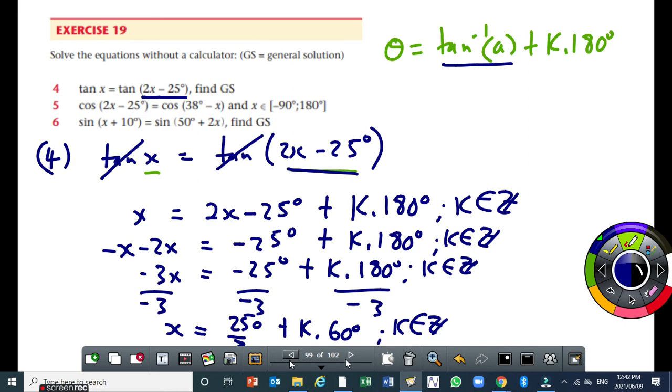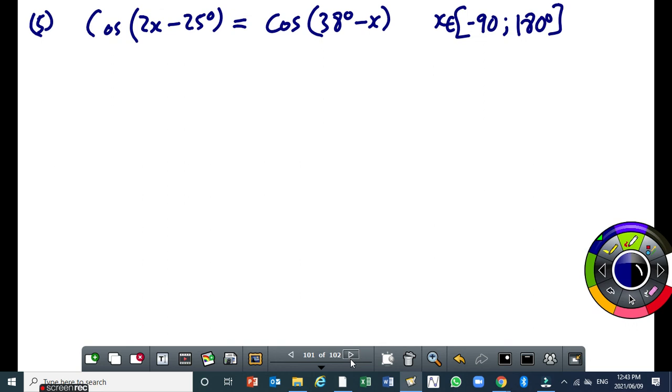Okay? So I'm going to do the same as I did for the tan equation. Since we don't have a ratio here, we have got a specific angle, and here too we just equate those angles, and then we bring in the general solution for cos. So our reference angle is going to be that 38 minus x.